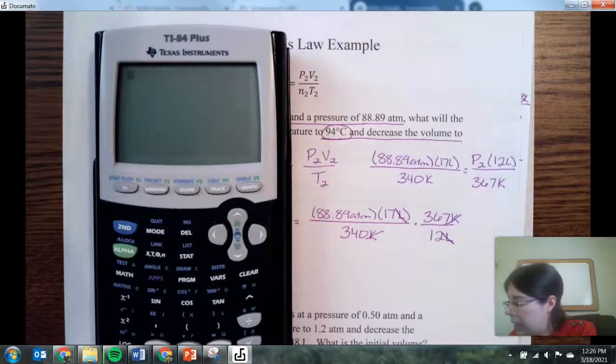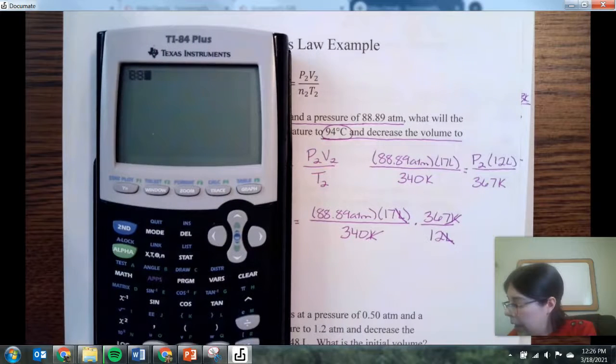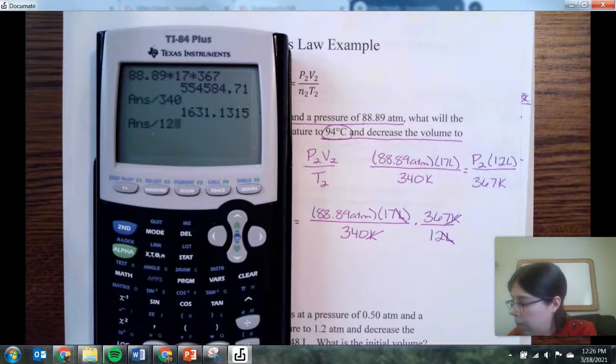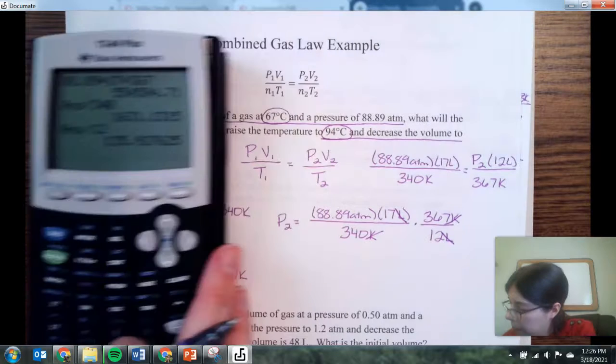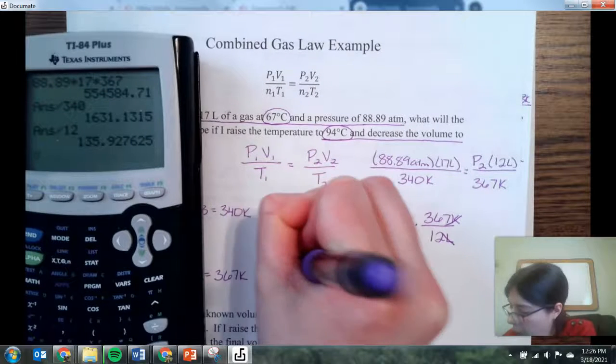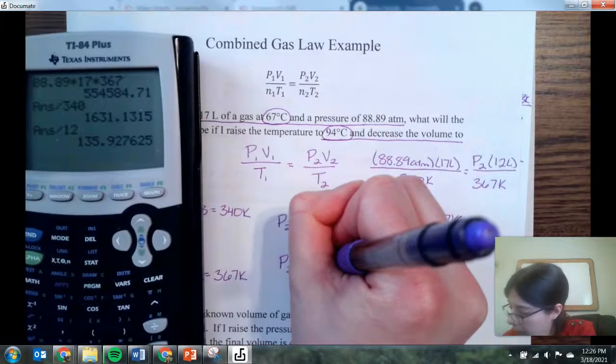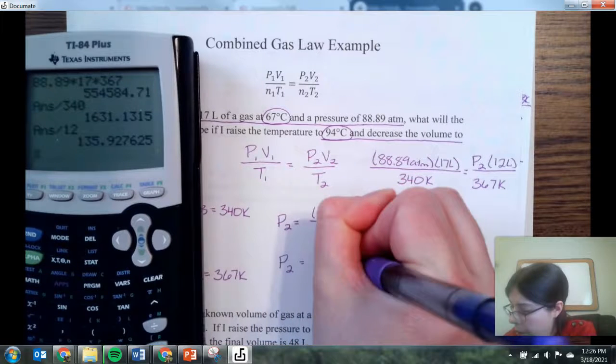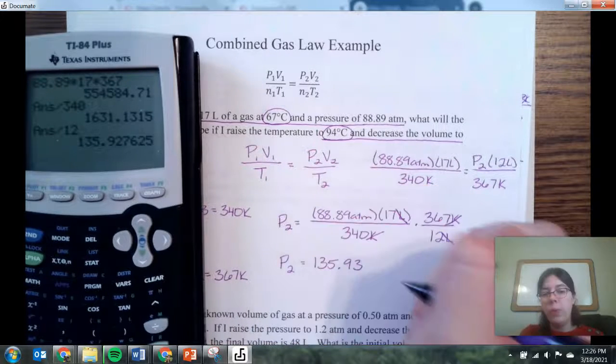So 88.89 times 17 times 367, and then divide that by 340 and divide by 12. Okay. So P2 is equal to 135.93, but as always, we want to think about sig figs.